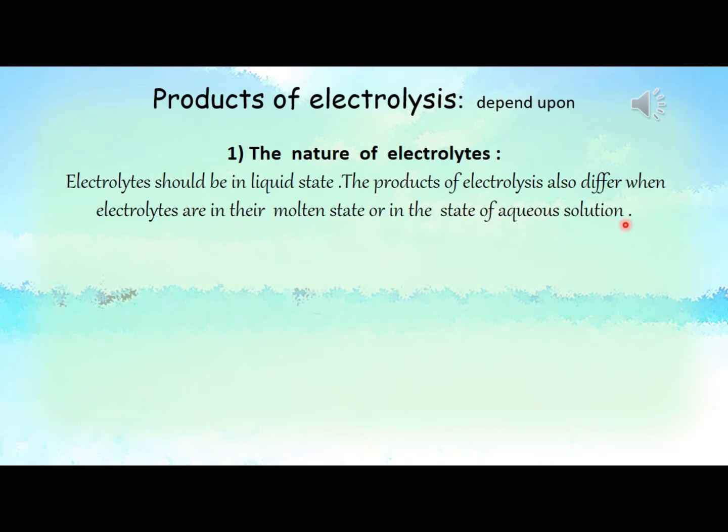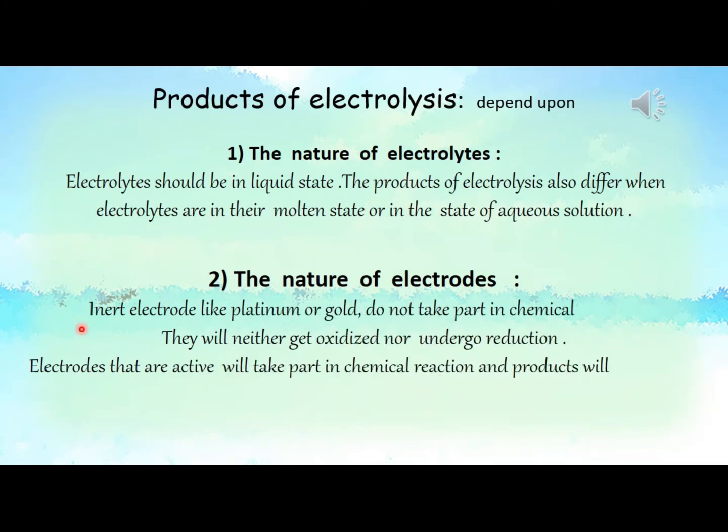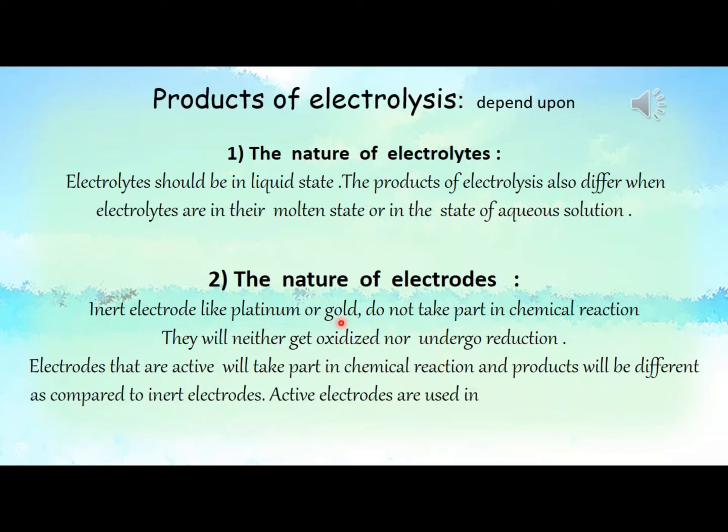The next factor is the nature of electrodes. Electrolysis can be carried out using various different types of electrodes. One of them is inert electrodes such as platinum, or even sometimes gold is used. These are the electrodes which do not participate in the chemical reactions.